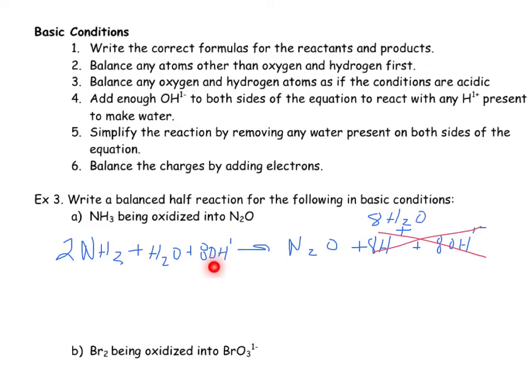Because there are OH1 minuses on the left side of the equation, this reaction occurs under basic conditions. Notice that I have 1 water on the left and 8 on the right. That means I have 1 water spectating.